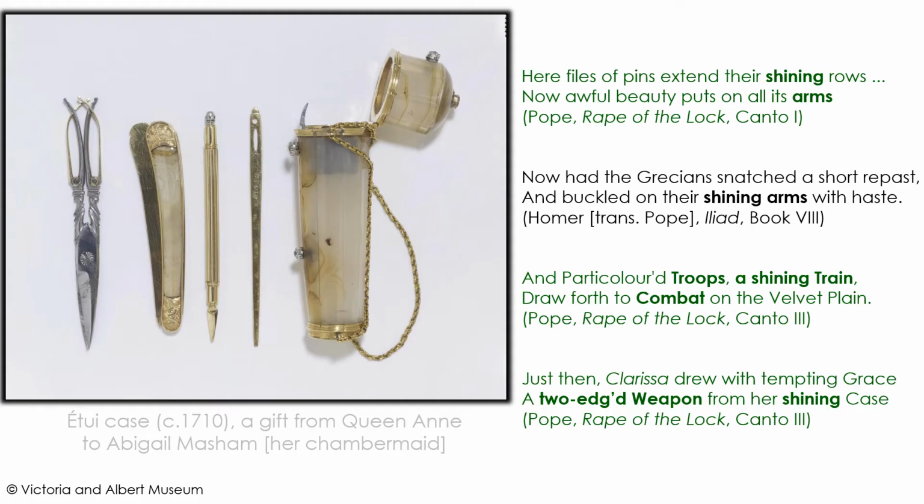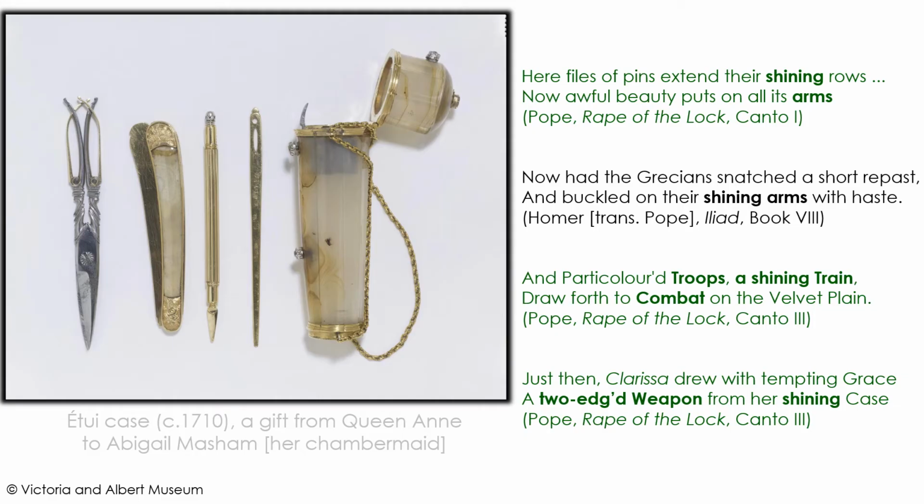So women's trivial, tiny beauty items and cards are described on a kind of massive, large military scale, when in fact, Clarissa's two-edged weapon, those are essentially the scissors that you can see there on the left, really kind of tiny and to cut thread, and yet they're sort of aggrandized into a two-edged weapon on a kind of, as I've said, military scale.